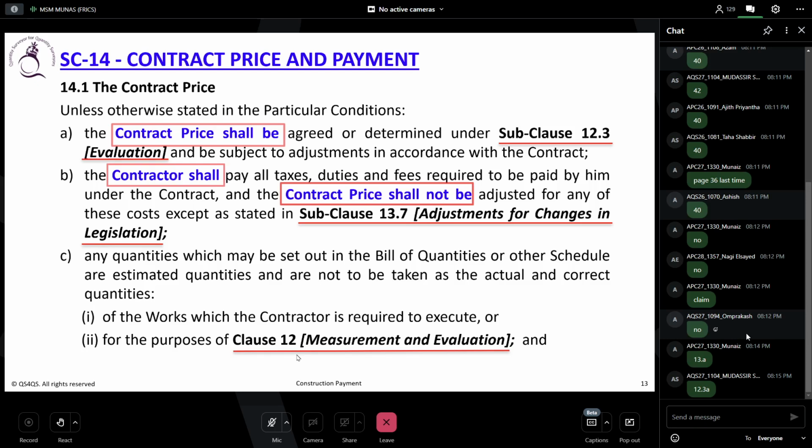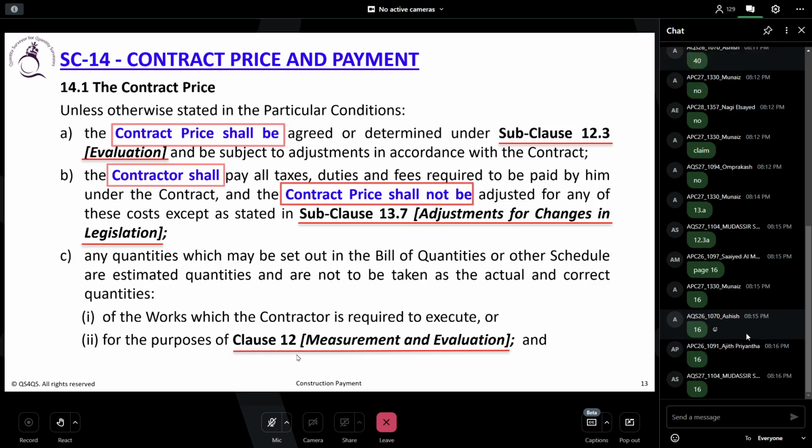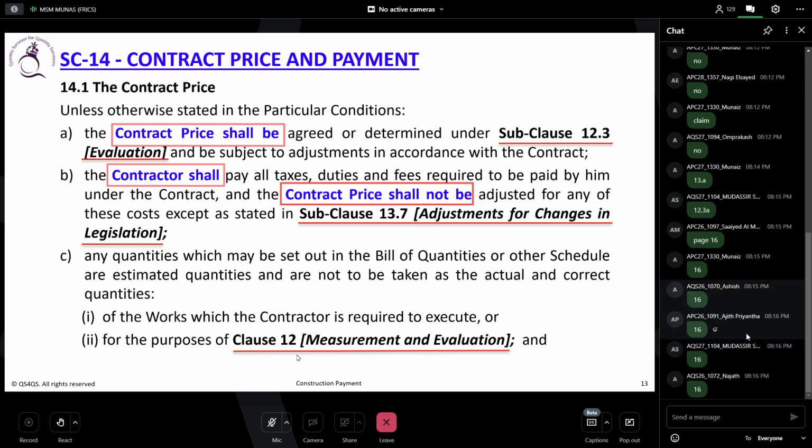Can you all go to subclause 4.11? Okay. It is another disaster for a contractor. Why are we talking about this? 4.11 sufficiency of the accepted contract amount. Carefully listen to this, okay? 4.11 sufficiency of the accepted contract amount.